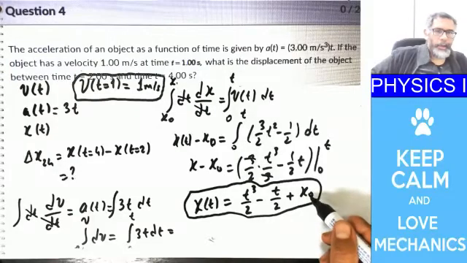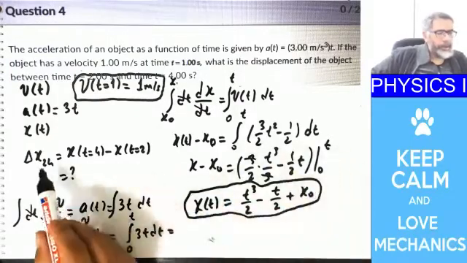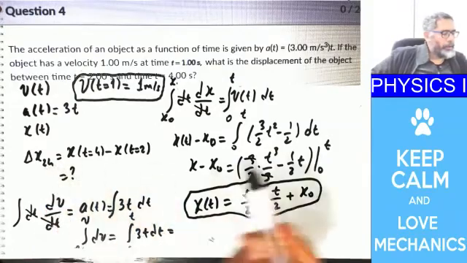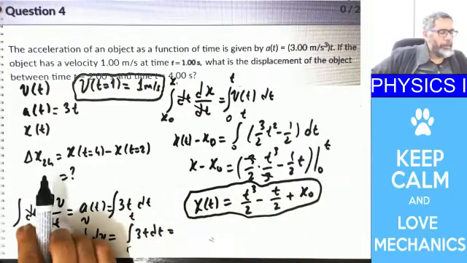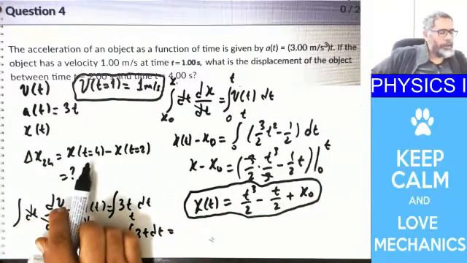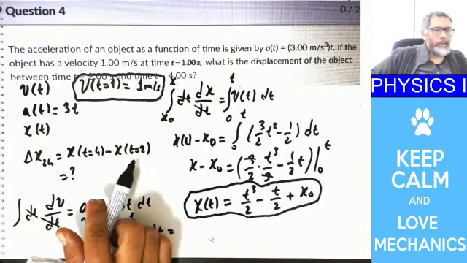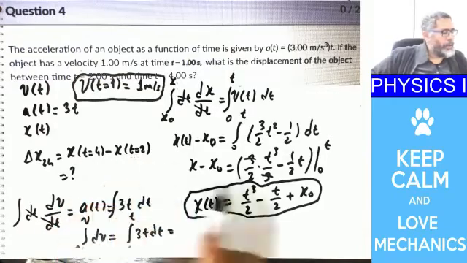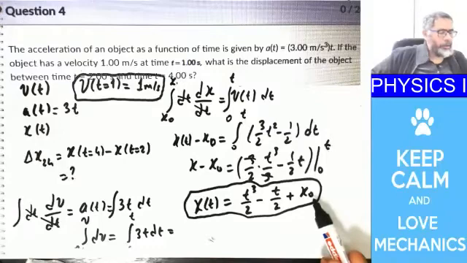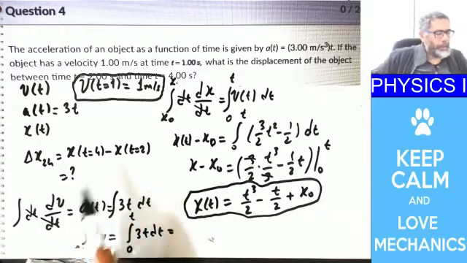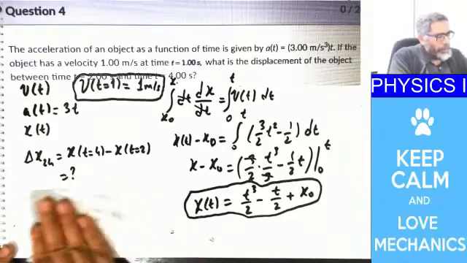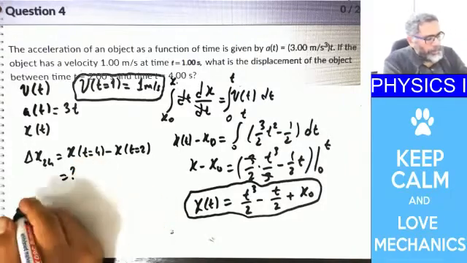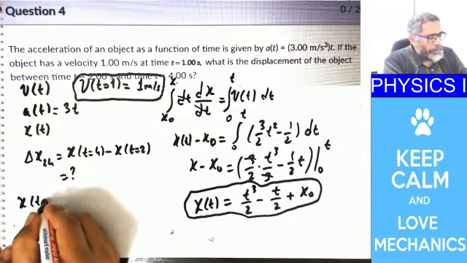Without knowing what x0 is, how can we find this displacement? But in fact, you don't need to know about x0, because all we have to calculate is just the difference between the position at two different times, and you will see that this x0 will cancel out during this operation, okay?